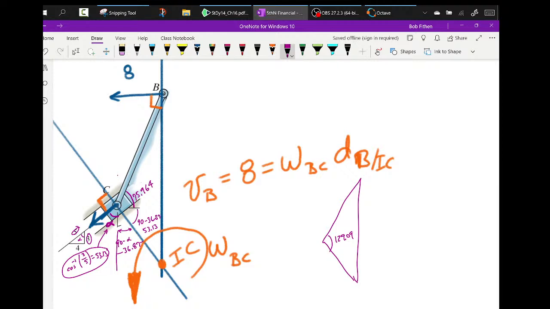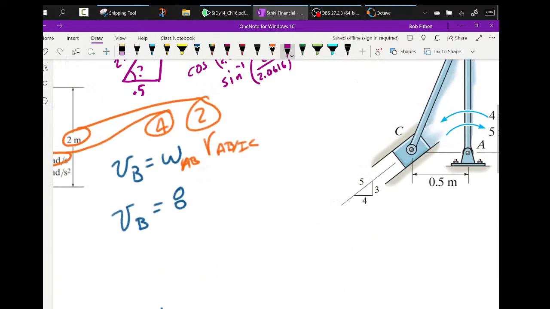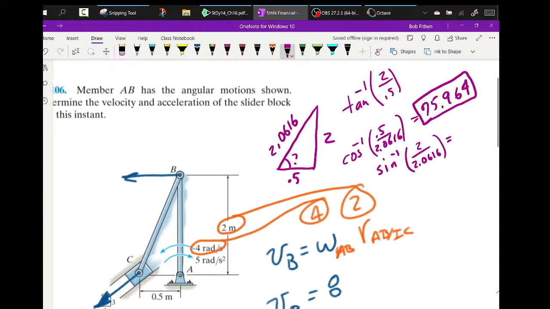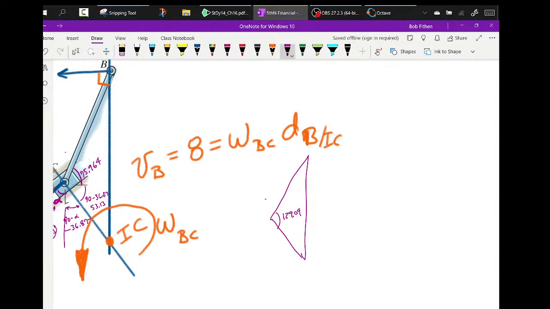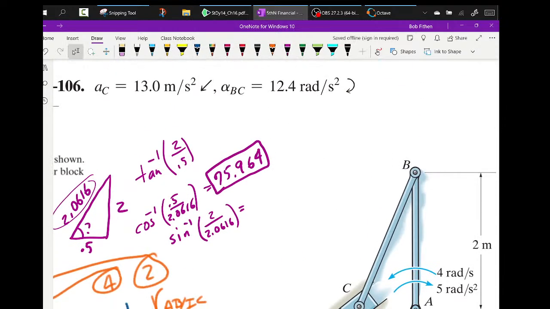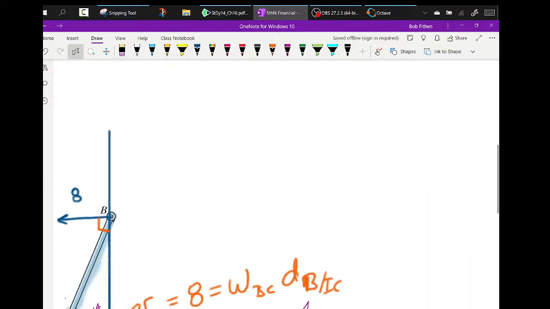I know that the distance here, okay, I know it because it was not given to me, but I know the distance here now. 2.0616.